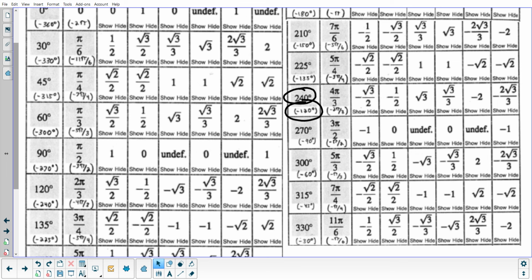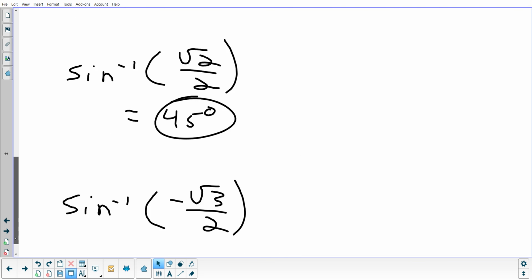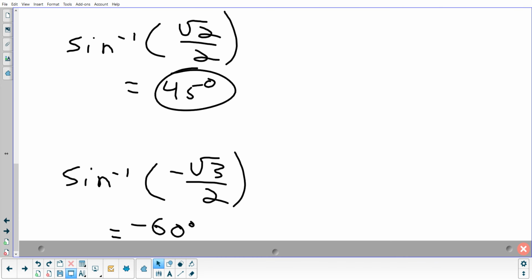Anywhere else that we have a negative root 3 over 2? Yep, negative 60. So we have the 300 and the negative 60. In this case, you want to go with the one between negative 90 and 90. So negative 60 is what we're looking for. Any questions on that?